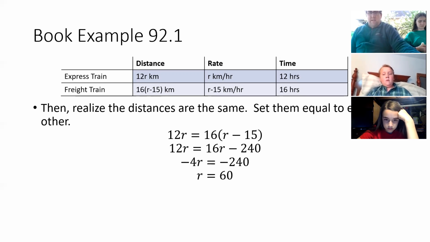So set the distances equal to each other, and then solve that, and you get R equals 60. Got it? And now what is R? R is the rate of the express train. So to find the rate of the freight train, because it asks you to find both, you have to subtract 60 minus 15, which is 45.